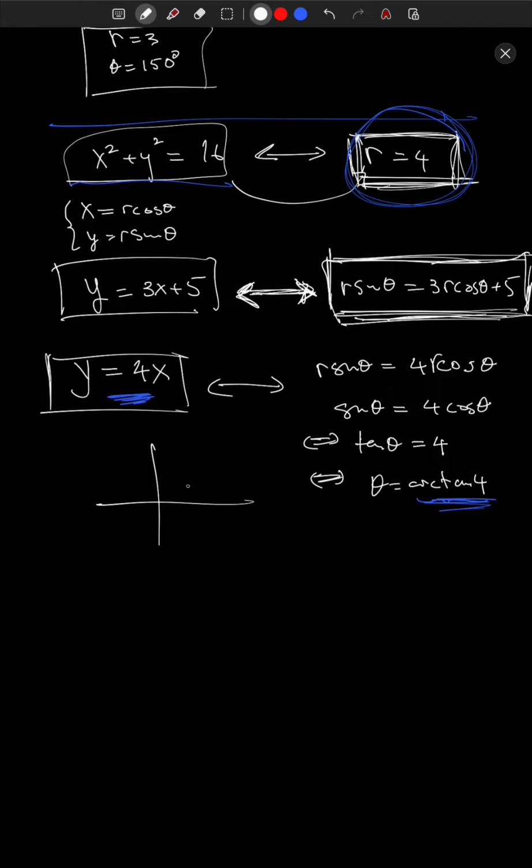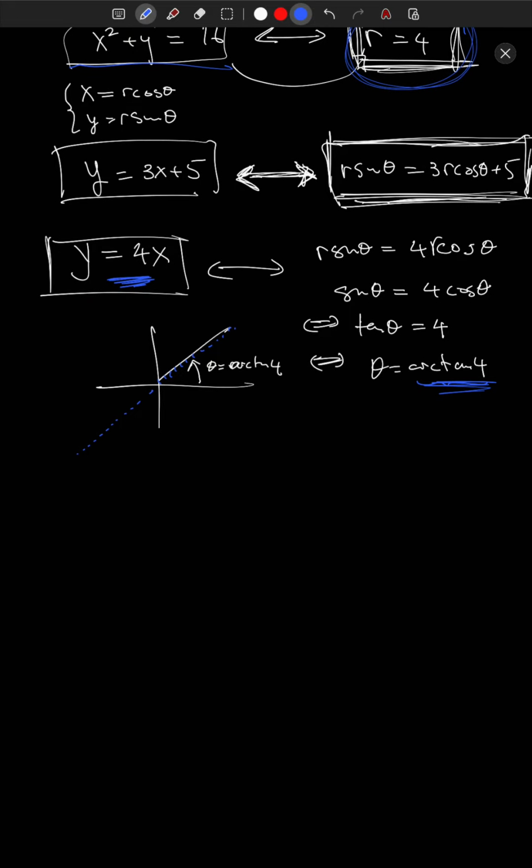So if this angle here, for example, is theta equals arctangent 4, right? Positive r would be up here, negative r would be the parts of the line down here. Okay, so arctangent 4 comma 10 would live right there. Arctangent 4 comma minus 5 would live over here, right? So we're still describing the whole line with theta equals constant.